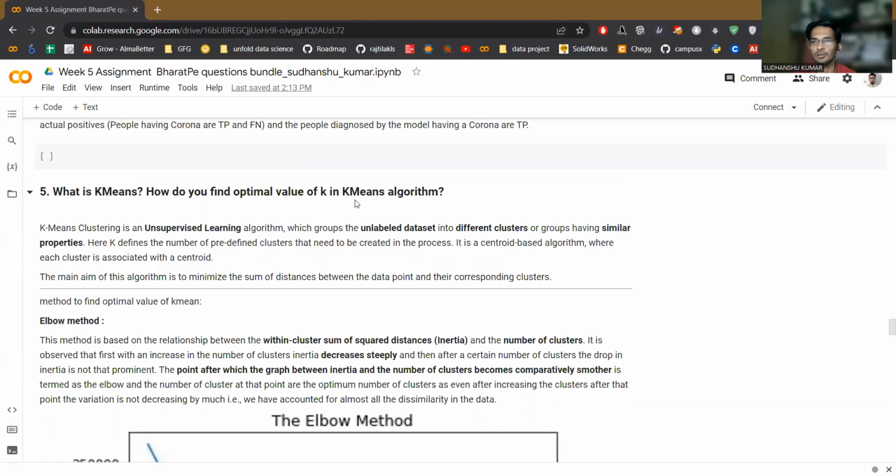And when we plot the elbow curve, it is observed that initially when we increase the number of clusters from 0, the inertia value decreases abruptly.